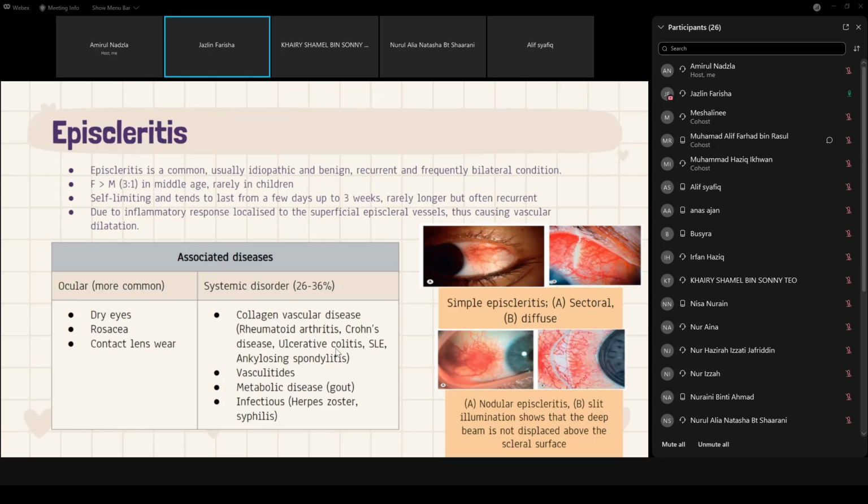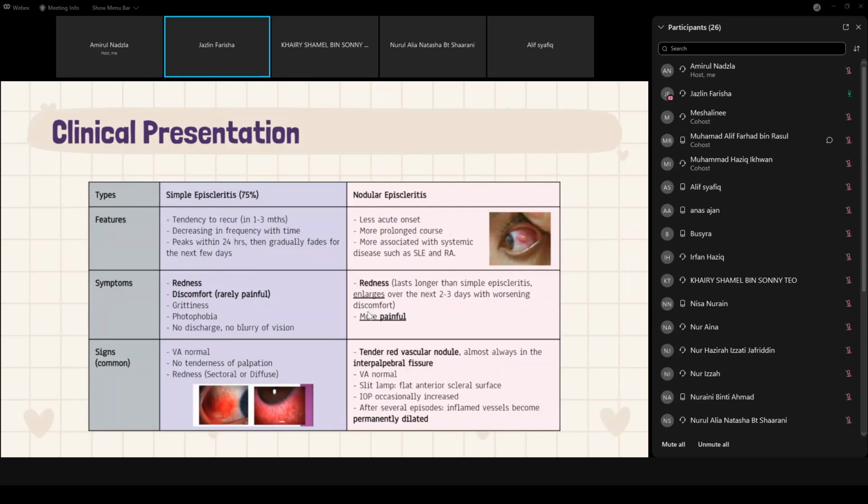Next, the clinical presentation for episcleritis. Firstly, we'll look at simple episcleritis, which accounts for 75% of the cases. It has a tendency to recur in 1 to 3 months, but it will decrease in frequency with time. The features often peak within 24 hours and will gradually fade over the next few days.